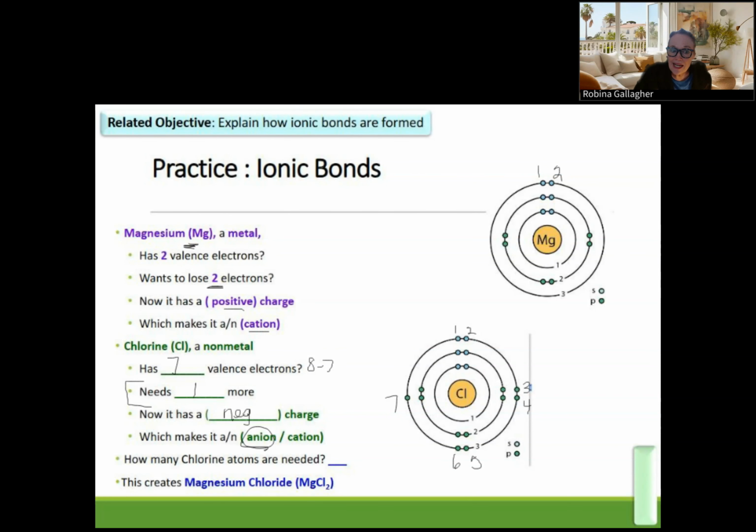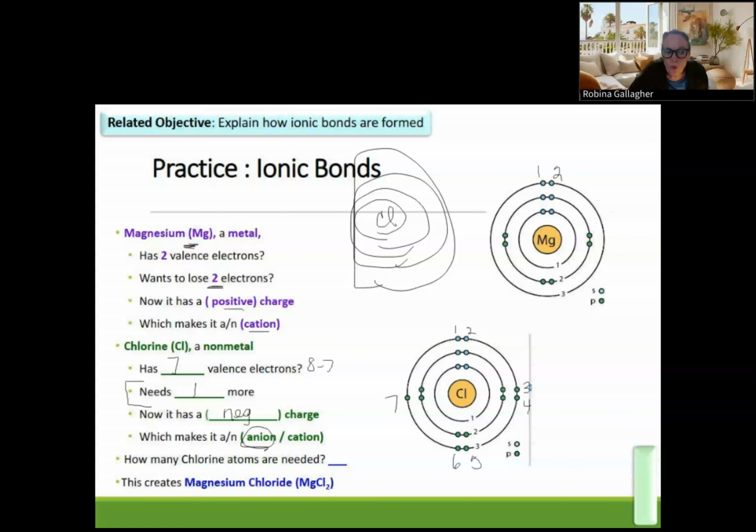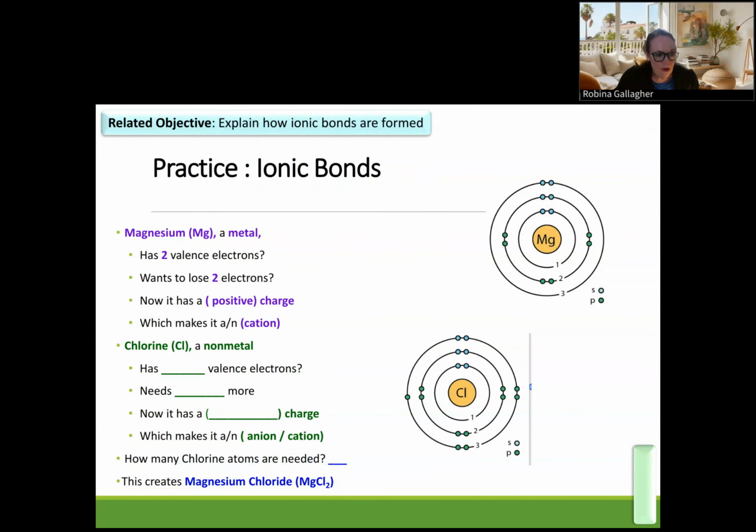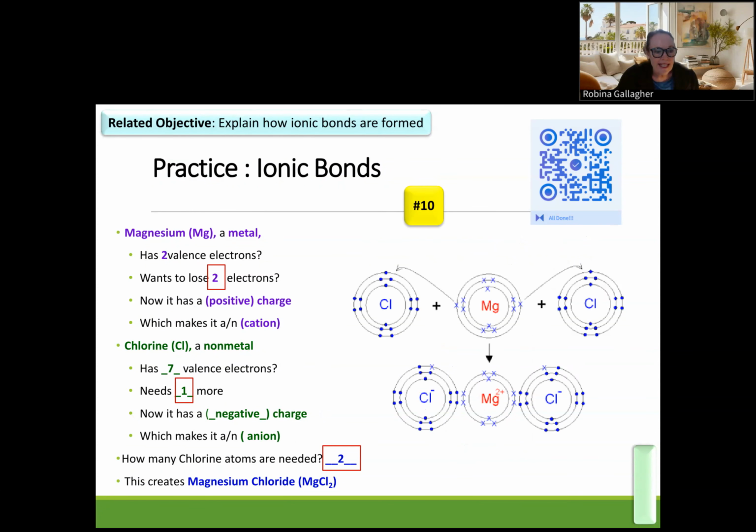So we need another chlorine over here to take the other electron. So we're going to need another chlorine atom in order to take that extra electron.